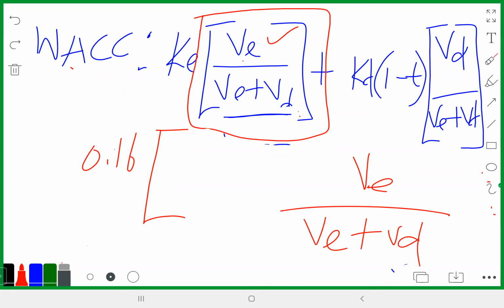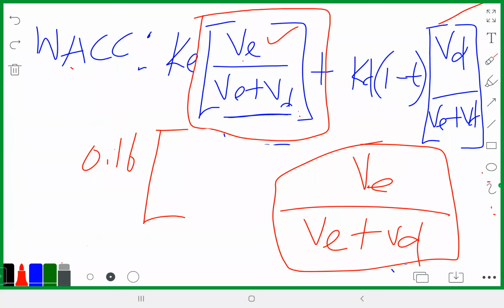This whole expression that I've just written represents the market weight of equity. Whereas this one is for the market weight of debt. I've expressed it as a fraction, and multiplied by 100 to make a percentage. Is that clear?